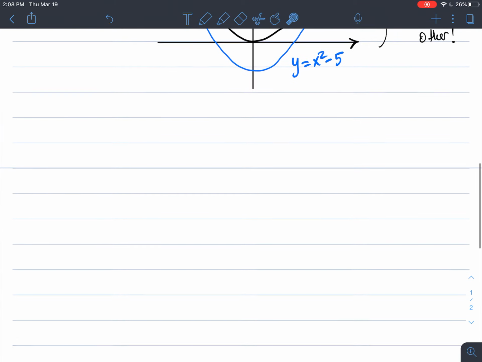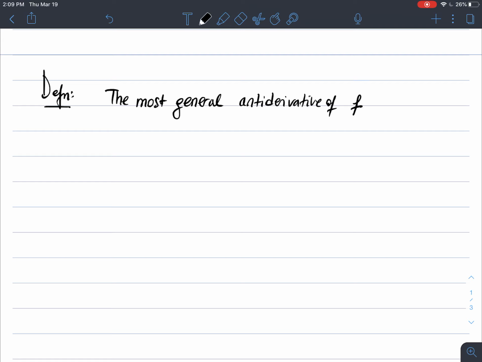So let me make that definition. The most general antiderivative of little f, supposing that capital F is an antiderivative, is the function capital F of x plus c, where c is a constant.